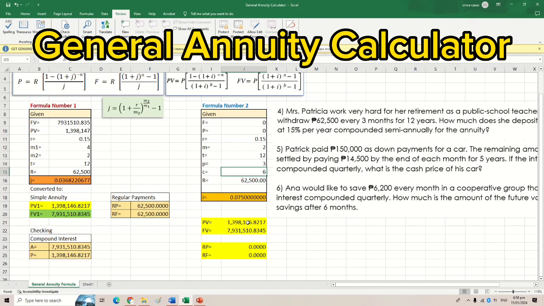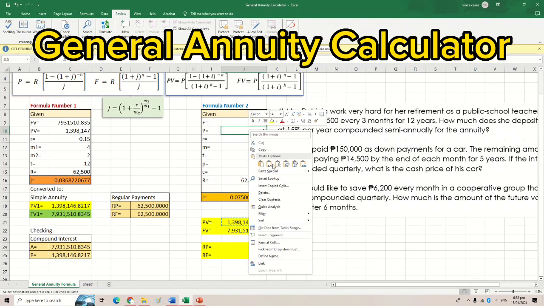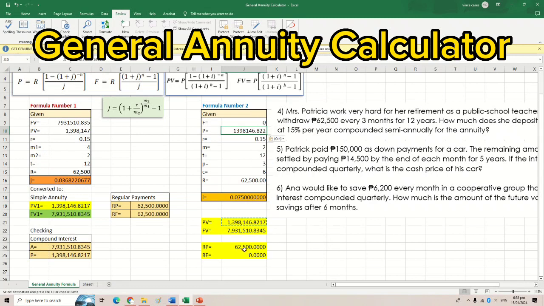Okay, let's check our answer. So the present value here, if we look at it, compare it to the first formula, they're the same. The future value, they're also the same. If you copy this and put this to the present value here, I go back to the R and the future value.